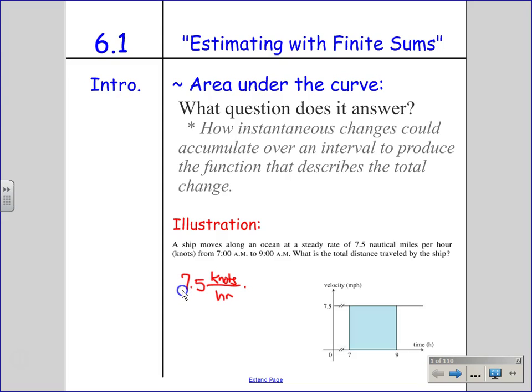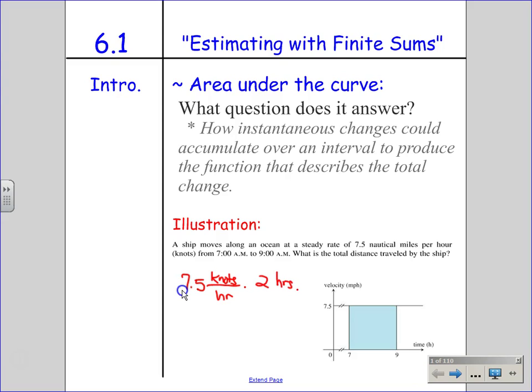Think dimensional analysis, the same hint that I gave Maggie with the whole question about the average cost, aka cost per item, aka dollars per item. When I have knots per hour, and we want how many miles? Knots are nautical miles. So how do we get rid of hours? Oh! How long were they traveling for?